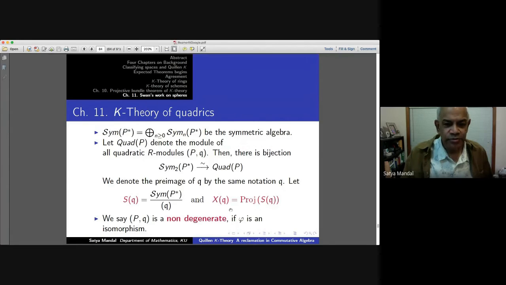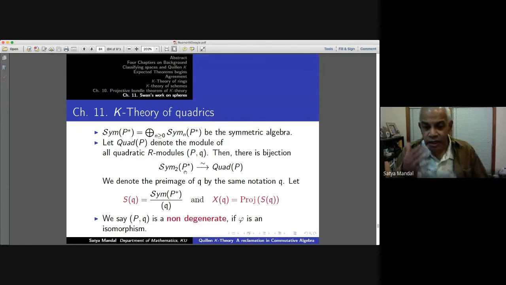I saw this only in Swan's paper. So you look at the module of all quadratic forms, the degree 2 elements in the symmetric algebra of P star.